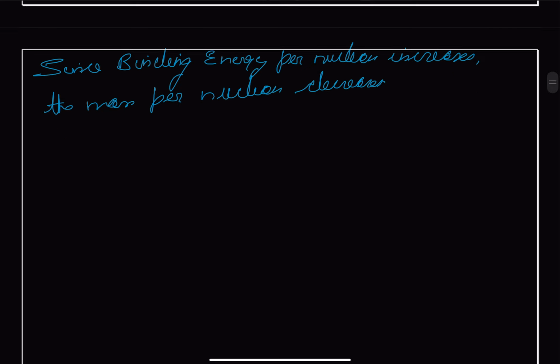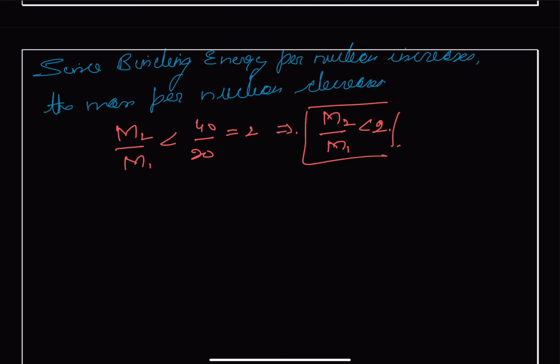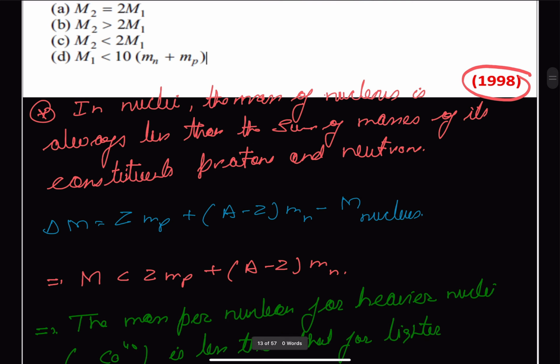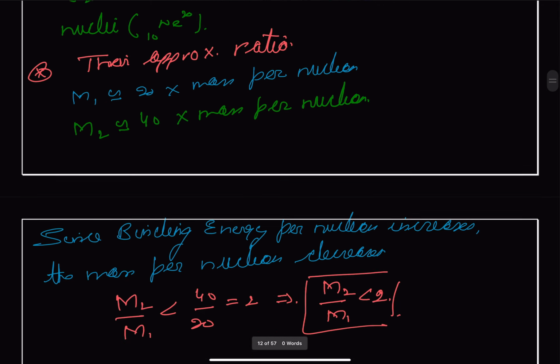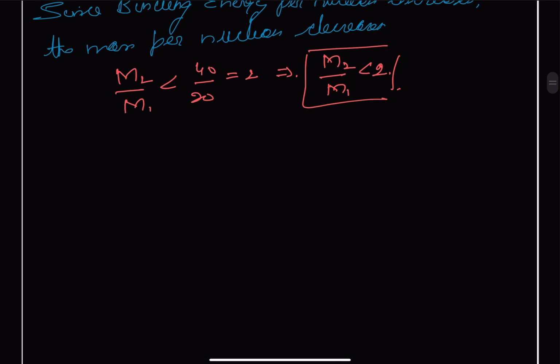Therefore, we can write that the ratio M2 upon M1 will be less than 40 divided by 20, which is equal to 2. So this gives us that M2 upon M1 is less than 2. And this option number C is correct. So from here we can say that our option C is correct.